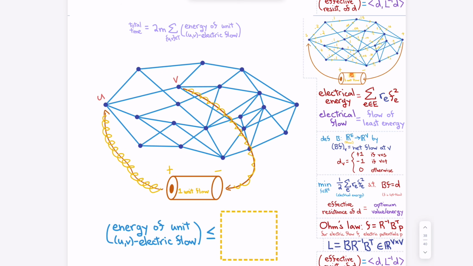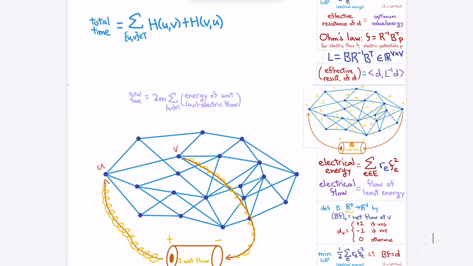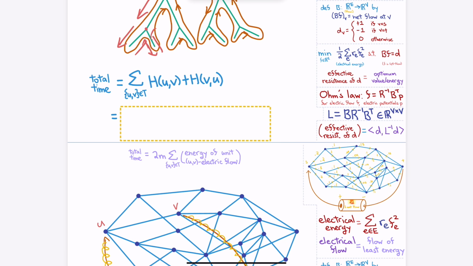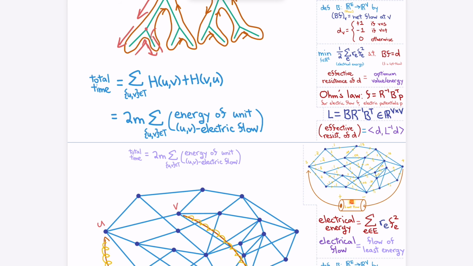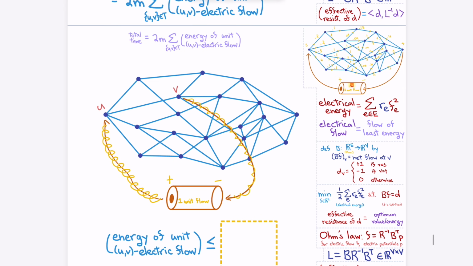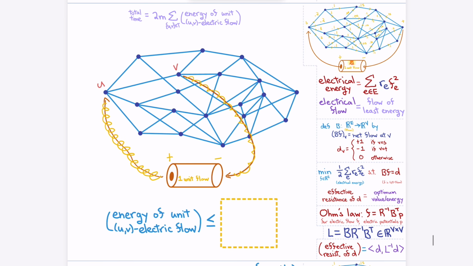But to make that thing useful, we need to be able to bound what's down here. So some sum of all these energies for every edge in the graph. Now we have to figure out how to bound the energy of a unit UV electrical flow. We need a hard upper bound that always works.